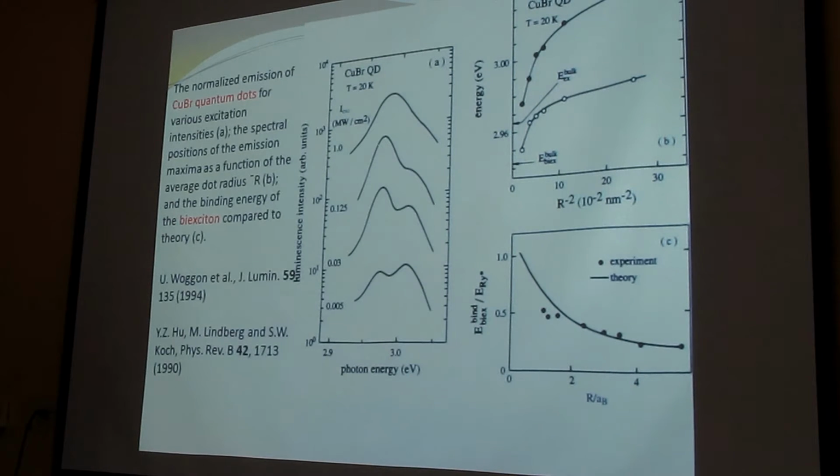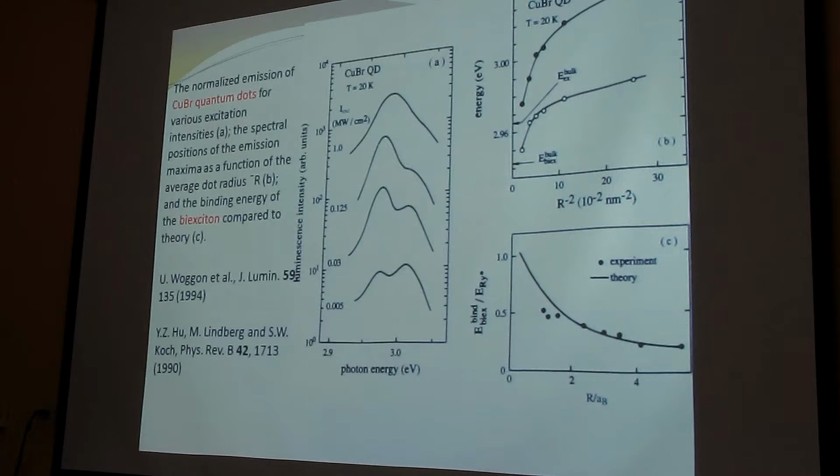Biexcitons in quantum dots. Do they exist? Yes. This is copper bromide in a glass matrix. We observed, when we were increasing the pump power, a peak and then another one coming up at higher intensities. What we plotted here is again, as a function of 1 over the radius squared, the position of the high energy and of the low energy peak.